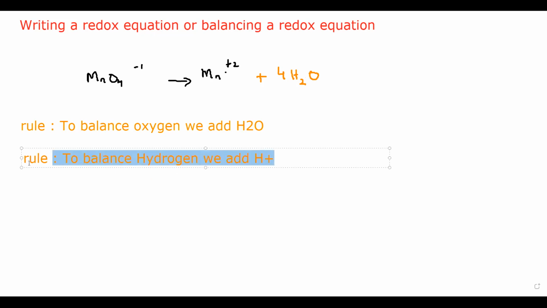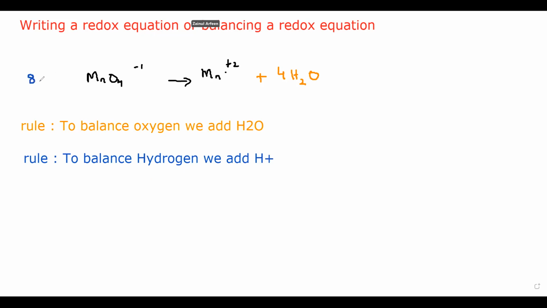On the right hand side, 4 multiplied by 2, so you can see 8 hydrogen. So if there are 8 hydrogen on the right hand side, we should have 8 hydrogens on the left hand side. So we put 8 H plus ions, and hydrogen is balanced.